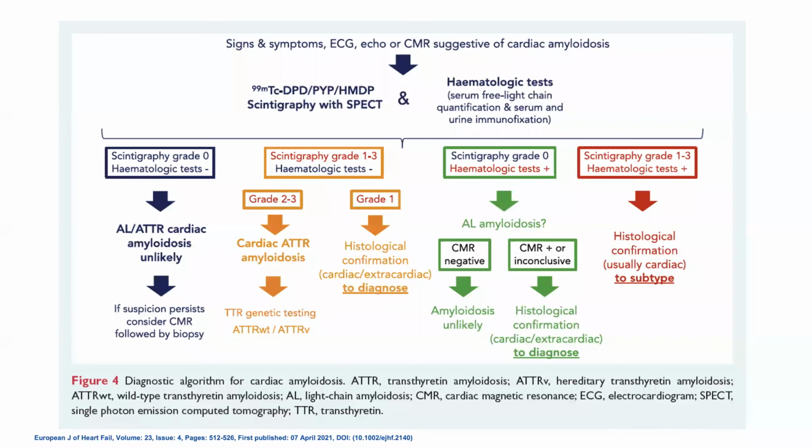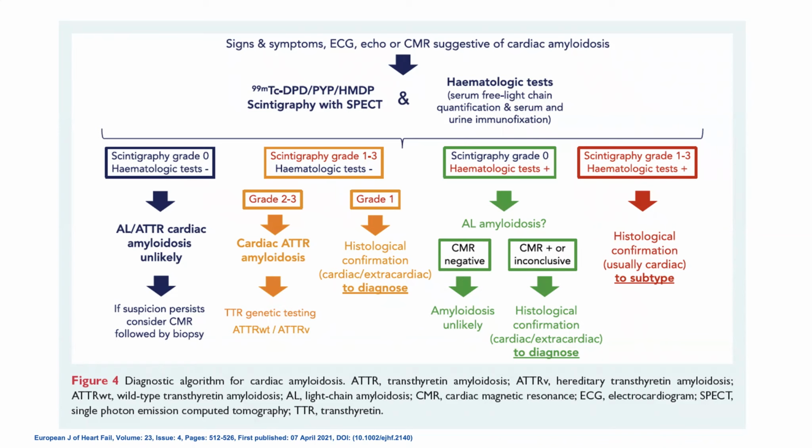The second scenario is when scintigraphy shows cardiac uptake and assessment for monoclonal proteins is negative. If cardiac uptake is grade 2 or 3, ATTR cardiac amyloidosis can be diagnosed. Proceed with genetic testing to differentiate between ATTR-variant and ATTR-WT forms.